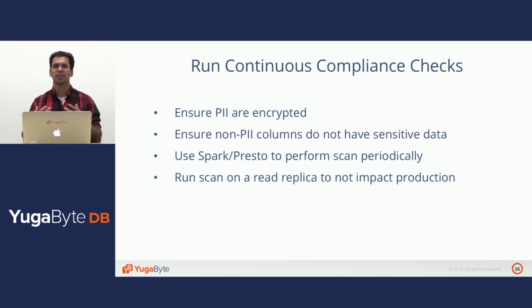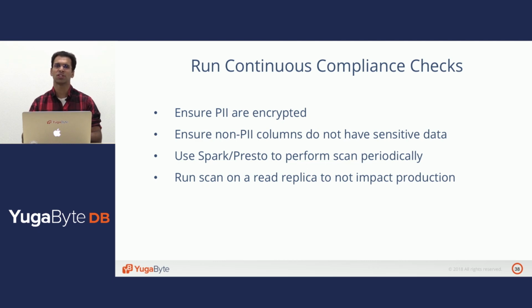Now, there is another advantage to having this in order to truly enforce compliance. You can firstly run checks in the background periodically to ensure that the PII data is indeed encrypted. You can ensure also that the non-PII columns don't have sensitive information like an email or a date of birth or so on.